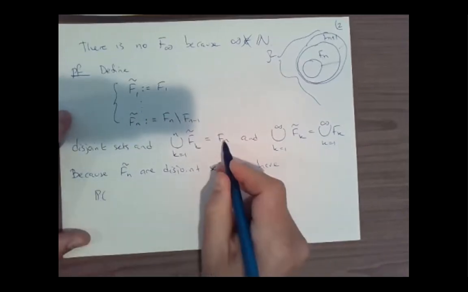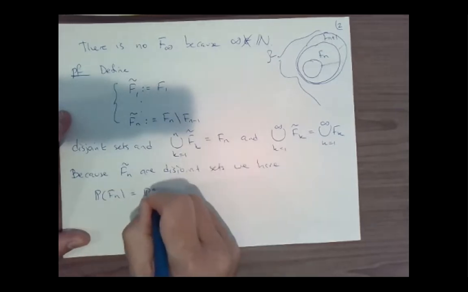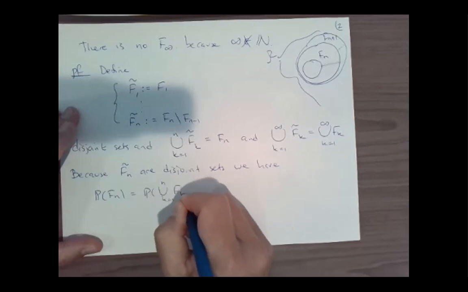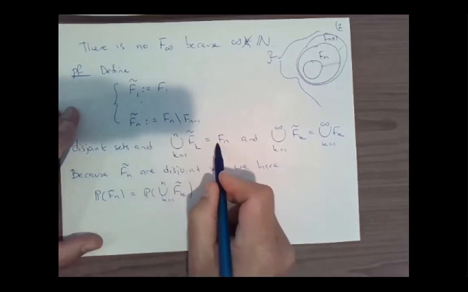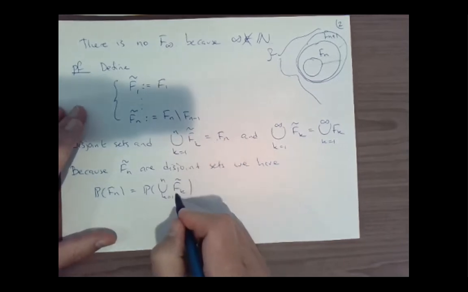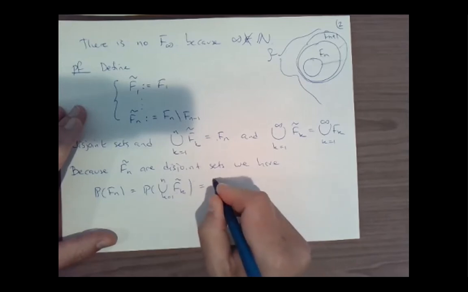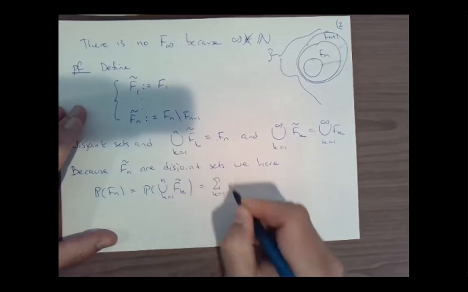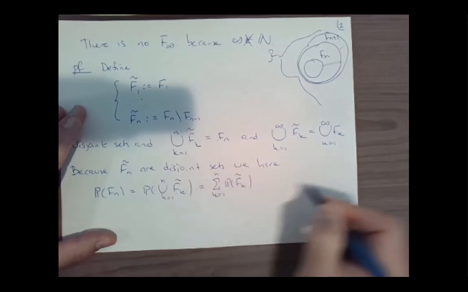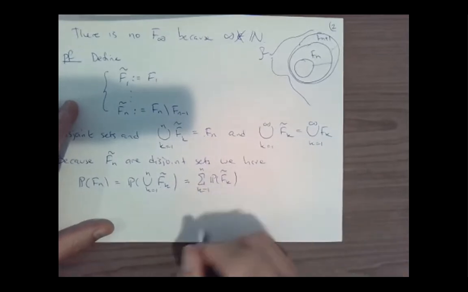So I'll start by computing the probability of Fn. This is going to be the probability of the union. Okay, so that was that equality sign. Now these guys are disjoint, so I can call the sum sign.